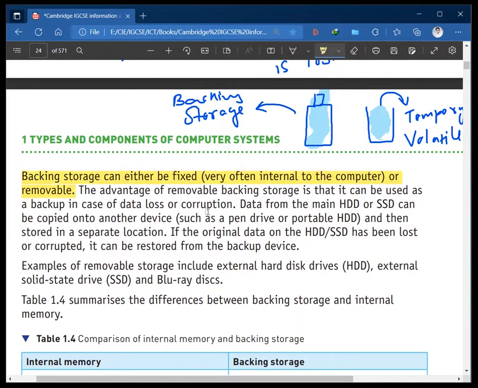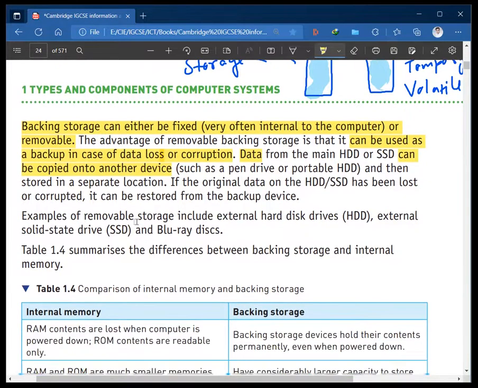That storage can be either fixed, very often internal to the computer, or removable. Right, it can be fixed or internal. Another thing is it can be used as a backup in case of data loss or corruption. Data can be copied into another device.